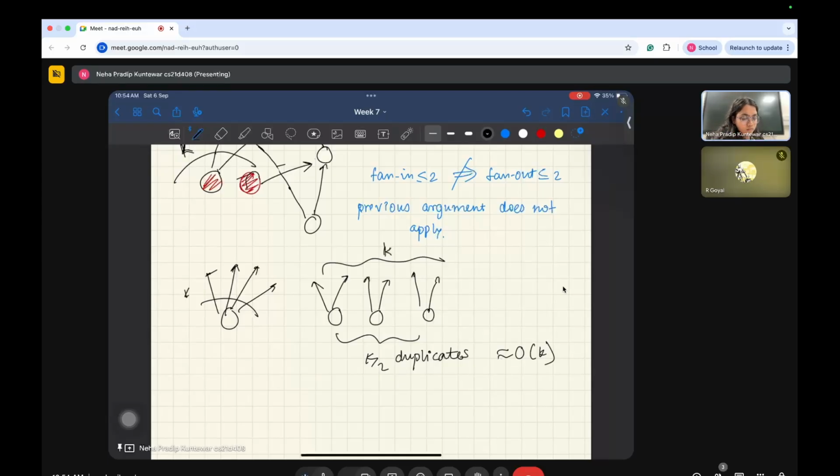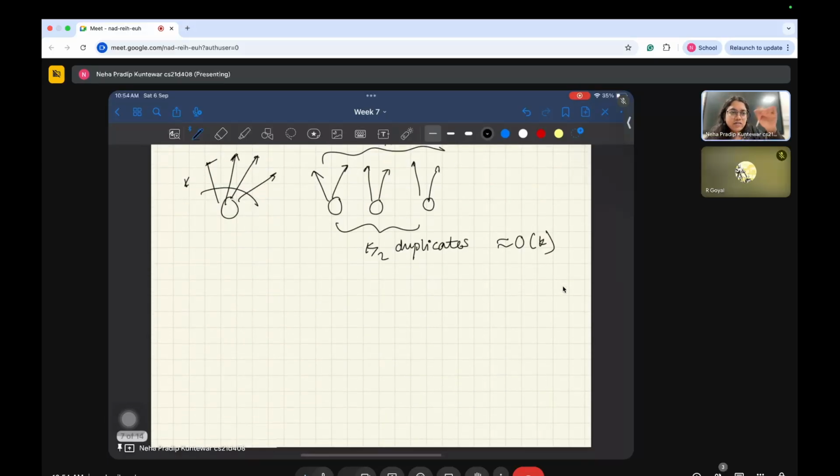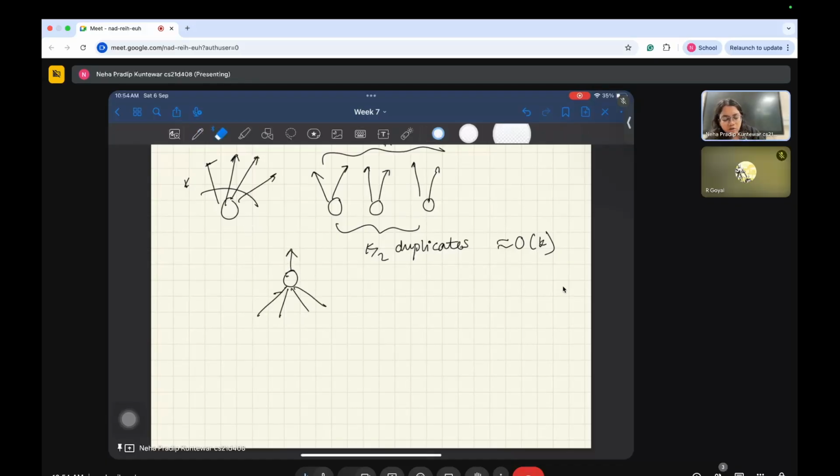Okay, so the point is that at the top level it seems okay. So let's say this were my output gate, and the output gate anyway has a fan out of 1, so it is out of the question. Maybe at level 3 or something.